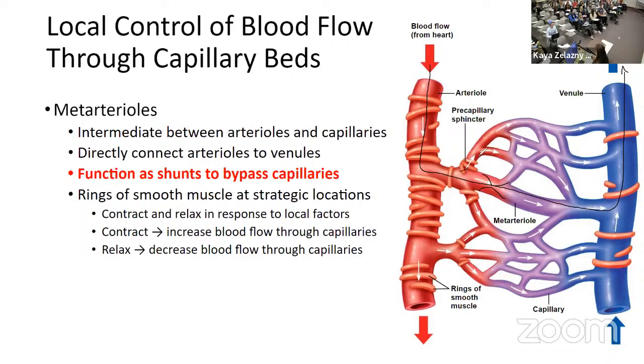And then the blood would have to go through a capillary because it can't go through the meta-arteriole anymore. Or you could have the reverse. You could have it dilate, make it nice and wide. Now we have a really wide highway through. So you're making it a little less likely that you're going to go through the capillary bed, and instead you'll just skip it. Okay. So we will pick up here next time.